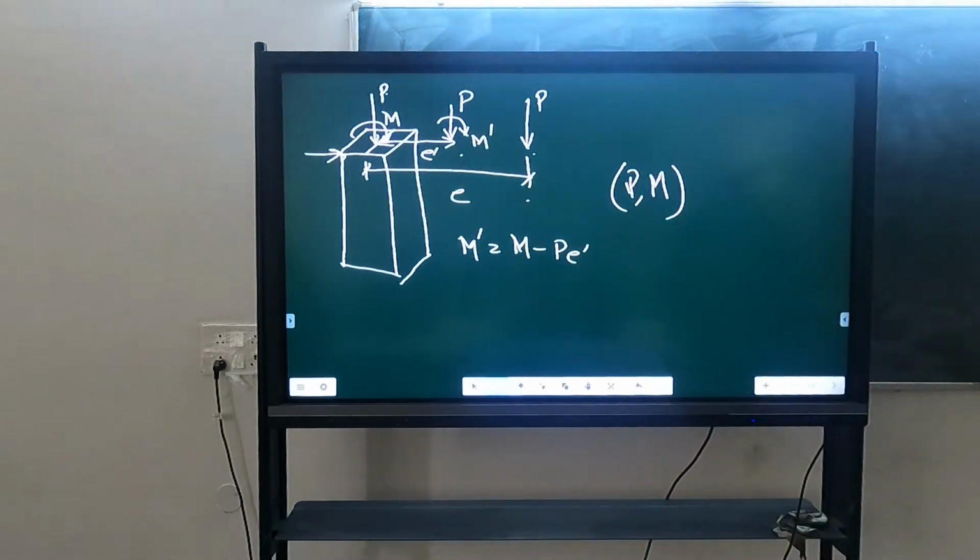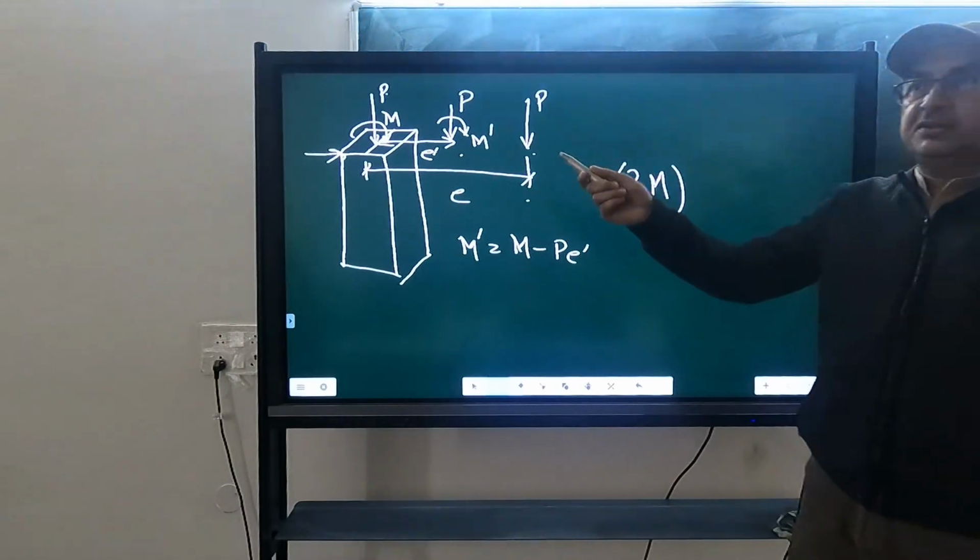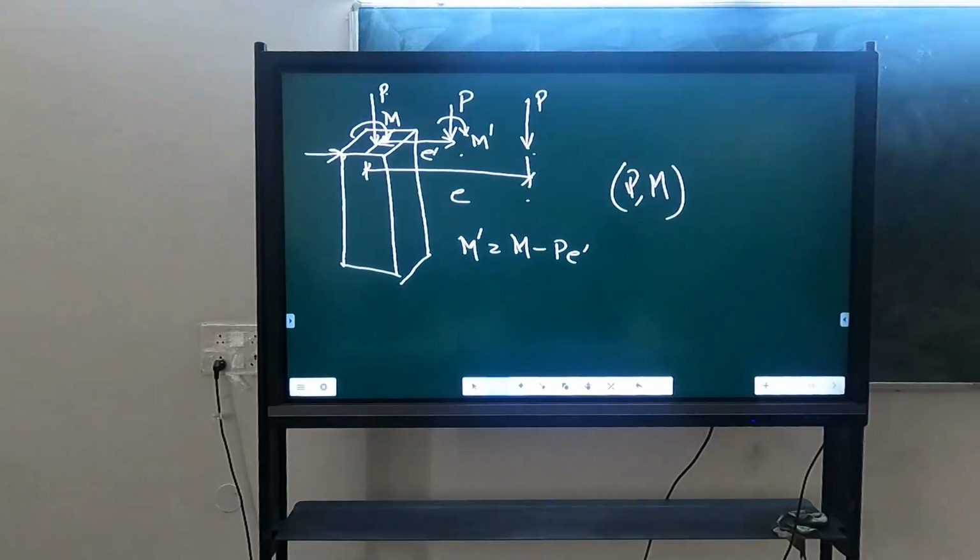Will you get the same design? No, because the effect will be different. The same P and M applied at different axes will give you different effects. So the designer and analyst both should be clear about which axis we are talking about.